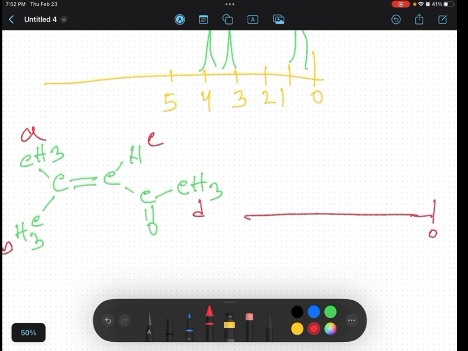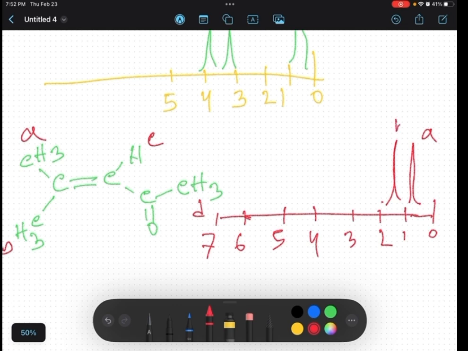If it is 0, then for methyl A and B you will see them near 1 to 2, because they are next to the carbon-carbon double bond, so they will be a little bit downfield. D you will also see around 2, because that is next to the carbonyl group.